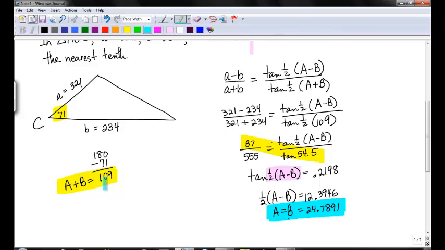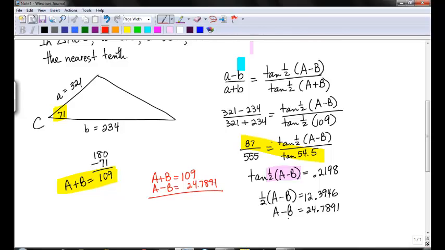Now look at this formula and then this one over here. You have two equations, two unknowns. On law of tangents you will always work with two equations, two unknowns. So let's use A plus B is 109, and A, whoops, this should be a minus on here. Sorry, that should be a minus there. A minus B is 24.7891.